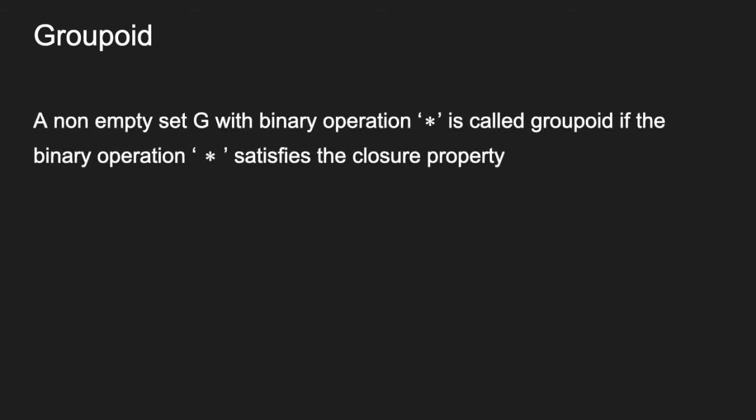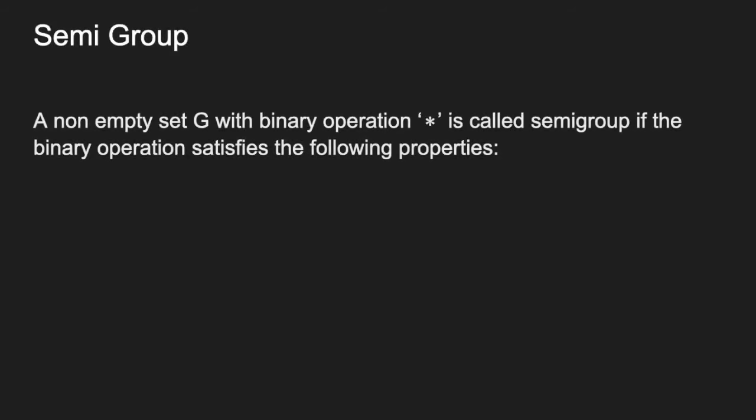Now groupoid definition. A non-empty set G with binary operation star is called a groupoid if the binary operation star satisfies the closure property. Only the closure property. If only the closure property is there, then it is said to be a groupoid. Next one, semigroup. A non-empty set G with the binary operation star is called a semigroup if the binary operation satisfies the following properties.